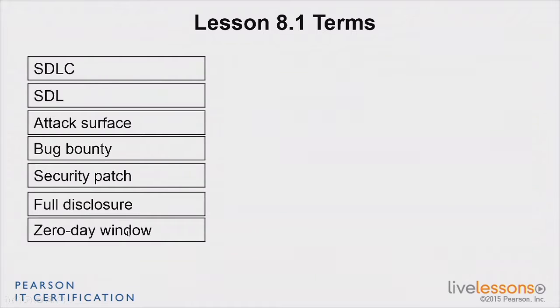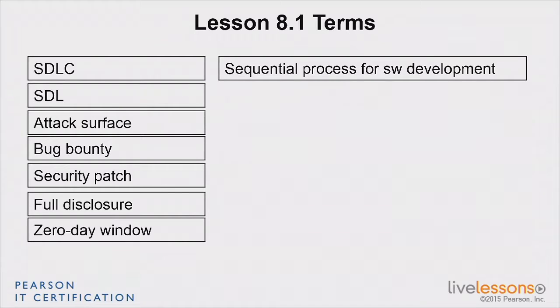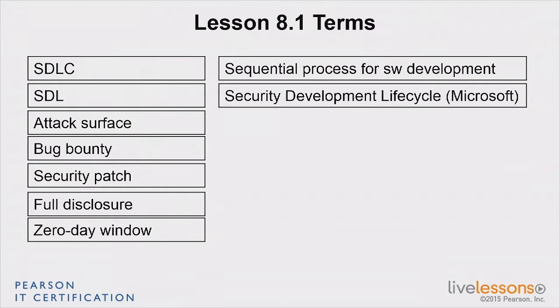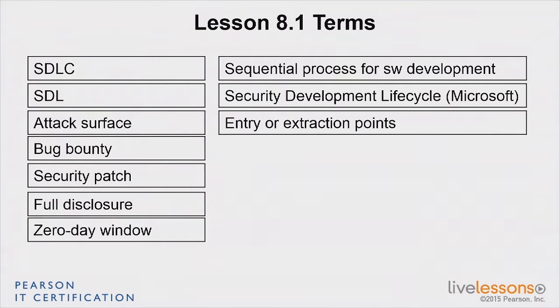So let's go through our lesson 8.1 terms, starting with SDLC. SDLC is our software development lifecycle, and that's the sequential process for software development. SDL was our security development lifecycle, that's developed by Microsoft. An attack surface is our entry or extraction point.